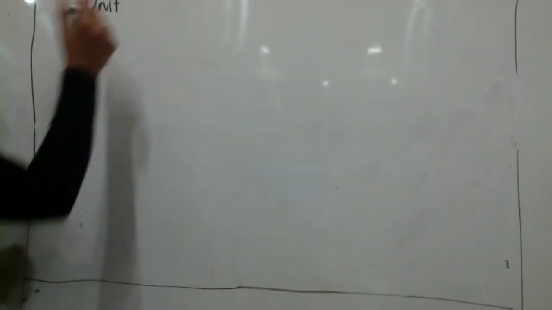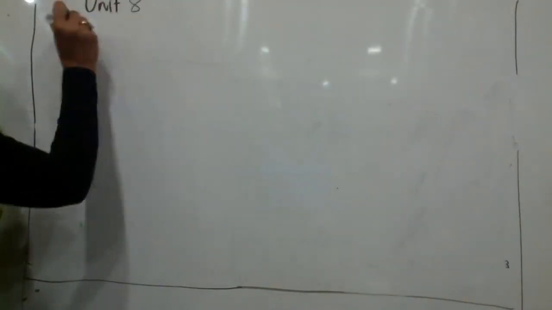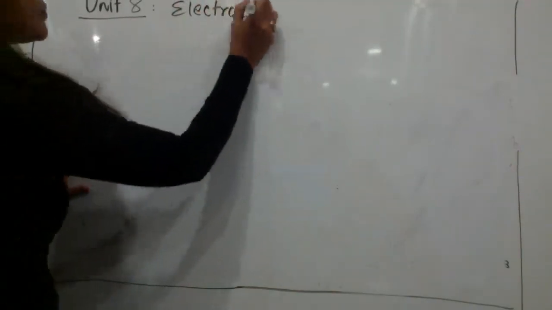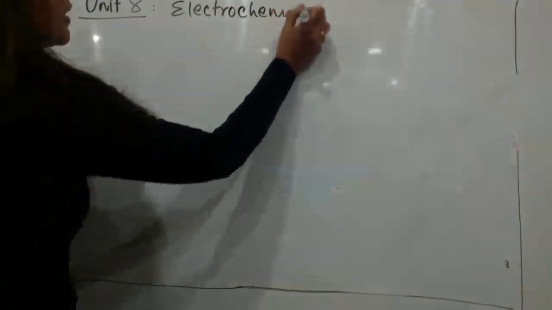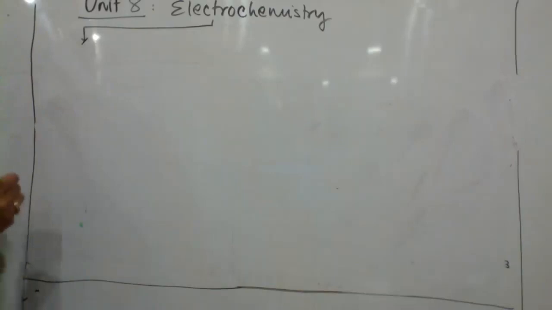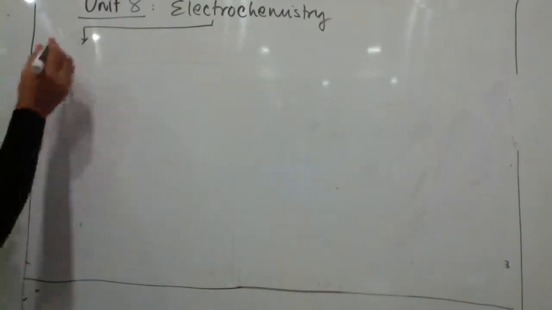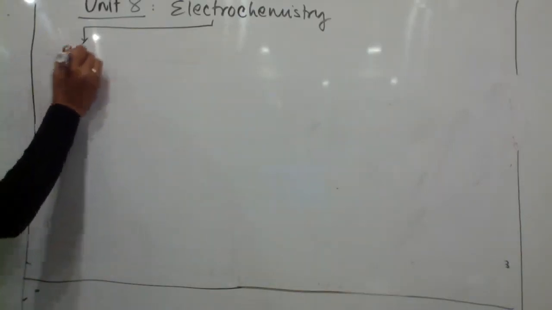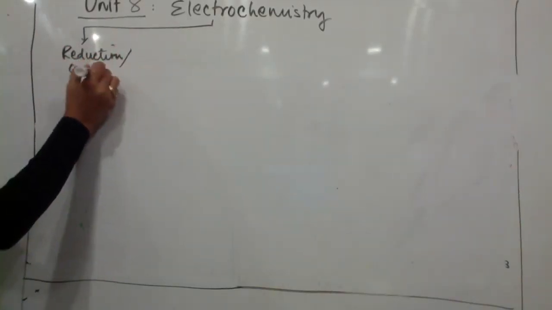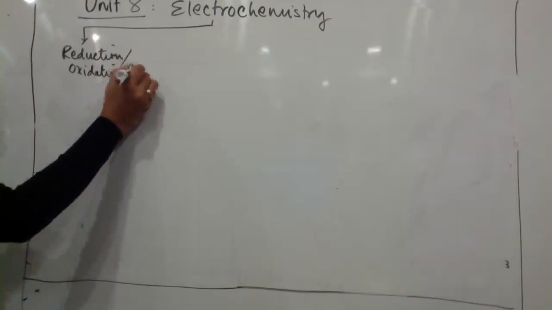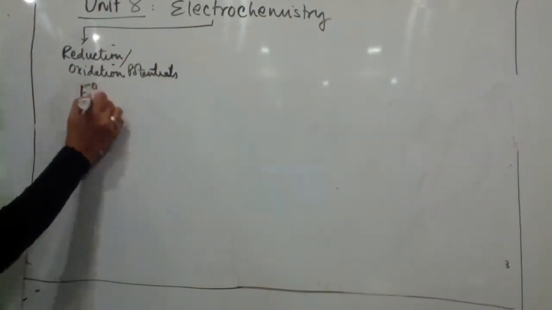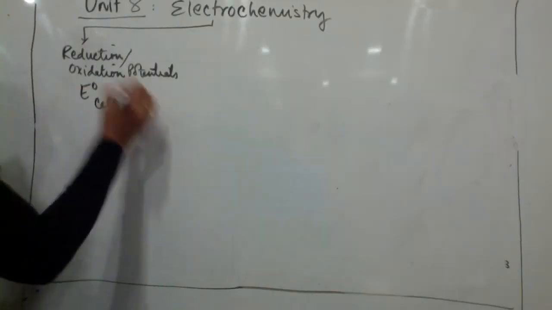And Unit 8 is electrochemistry. And electrochemistry has 3 different parts. First, we talked about reduction and oxidation potentials and how to calculate E0 standard cell potential, right?